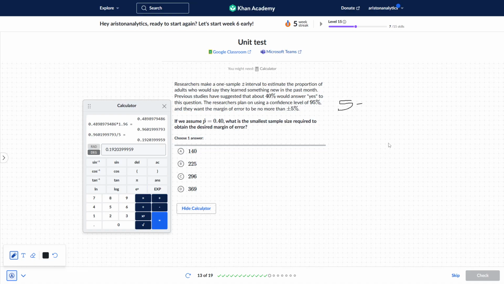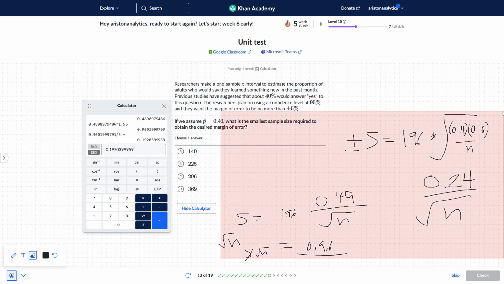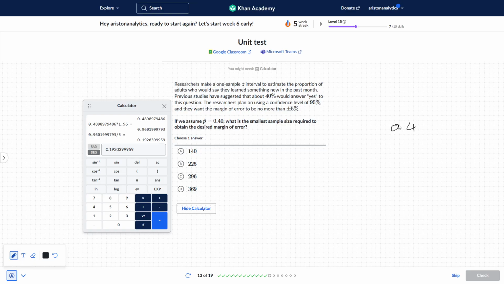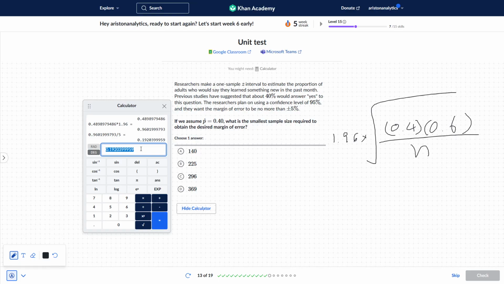I'm supposed to substitute these numbers in. It's 1.96. It's greater than 5%.